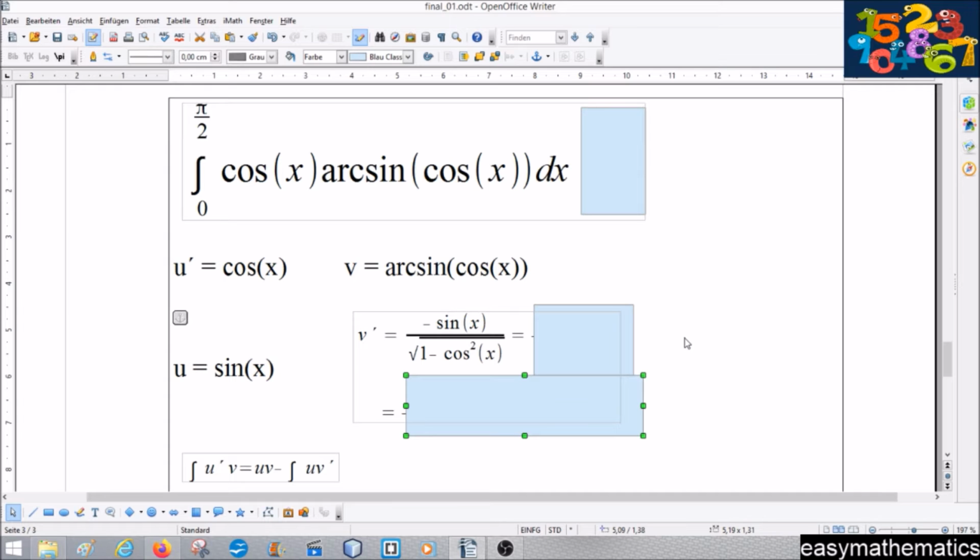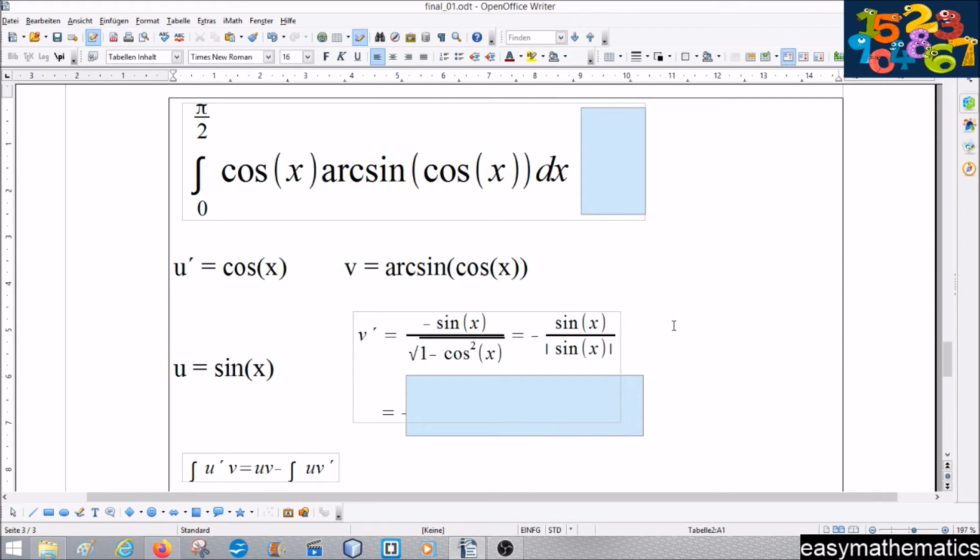Okay. This does not look so beautiful, but if you think about 1 minus cosine squared, this is a sine squared, and with the square root, this becomes minus sine over the absolute value of sine.